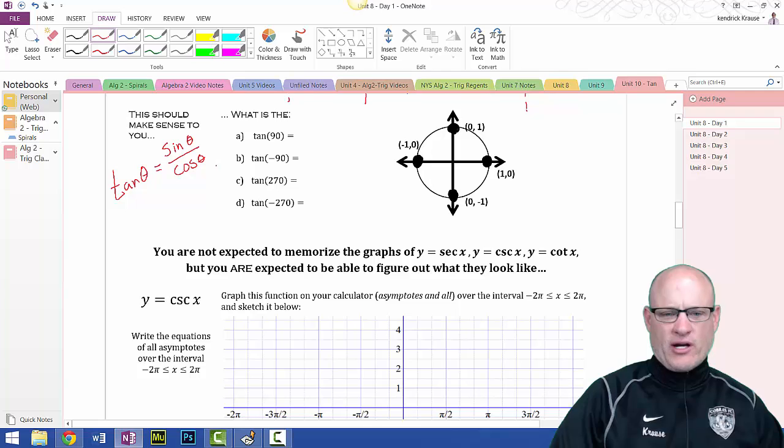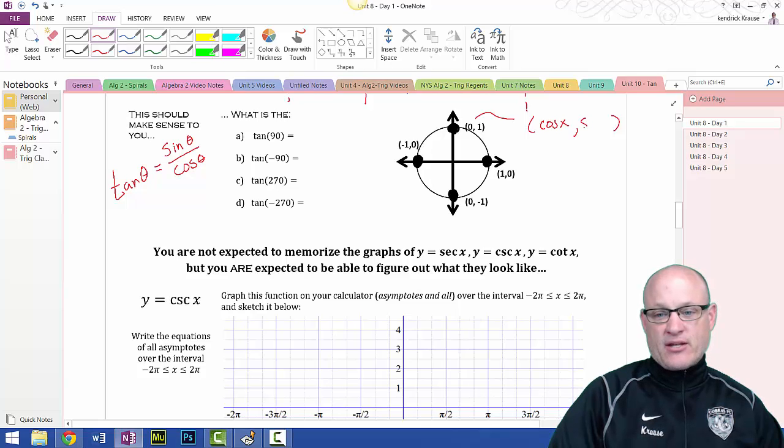Sine over cosine. Now, wait a second. If you're talking about these points, aren't the points, as we want to think about them, cosine x and sine x? So let's see what happens at 90 degrees. 90 degrees is right here. At 90 degrees, this would be 1 over 0. Well, isn't that undefined?